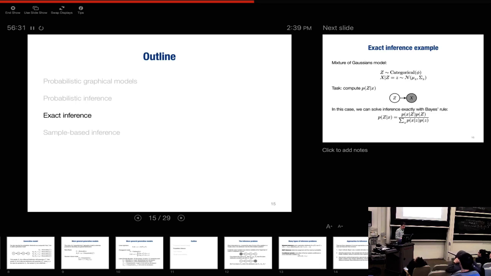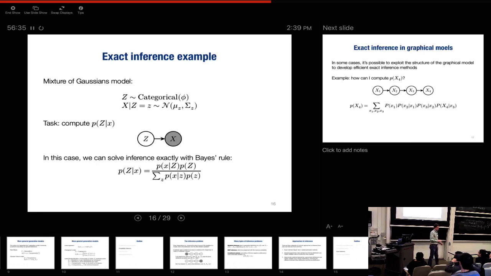The first thing is that exact inference in the simplest case can be solved with an application of Bayes' rule. We talked a little bit about this mixture of Gaussian models. We first sample a categorical variable from some categorical distribution, and then after that we sample a Gaussian, depending on what the value of the categorical variable is.